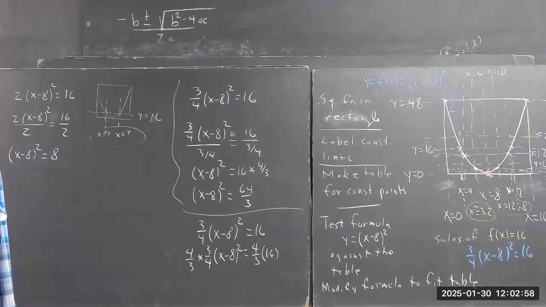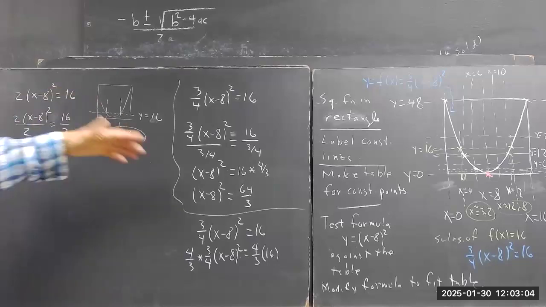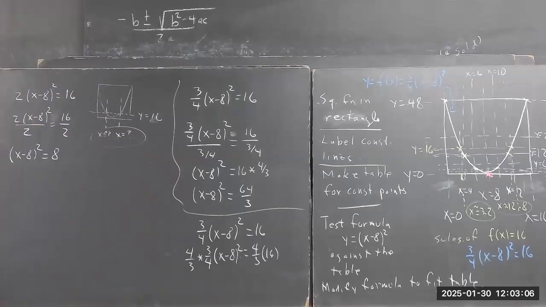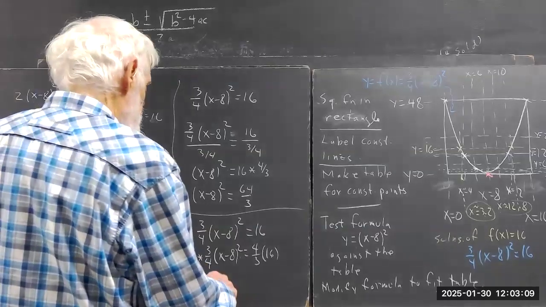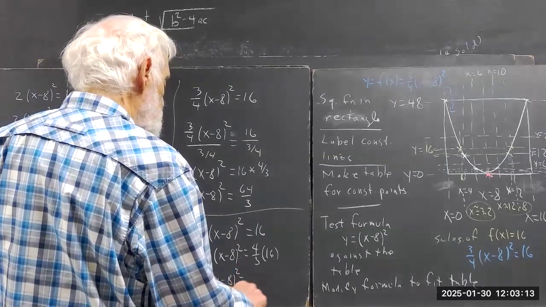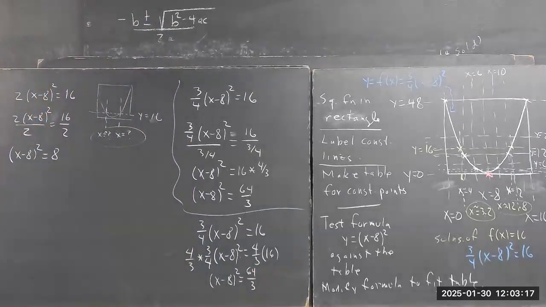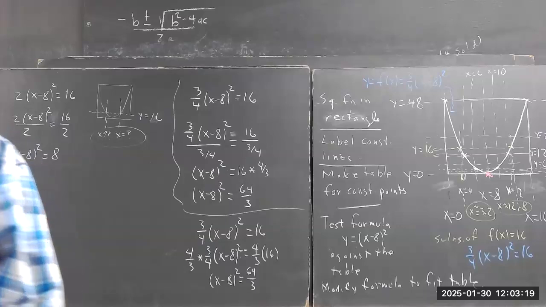Here essentially we multiply by the reciprocal of 2, which would be 1/2. Divided by 2 is the same as multiplying by 1/2, right? So we do this, and now we get x minus 8 squared equals 64 over 3, with fewer steps, less calculation and less headache.